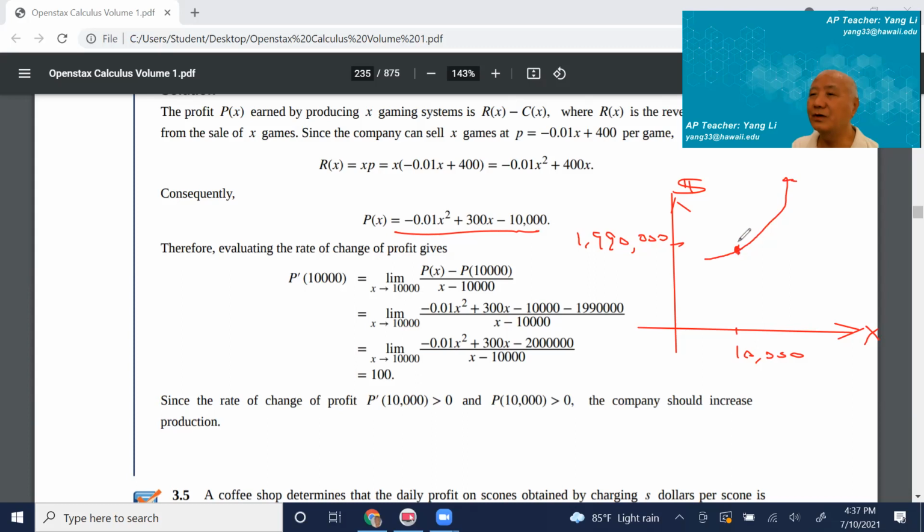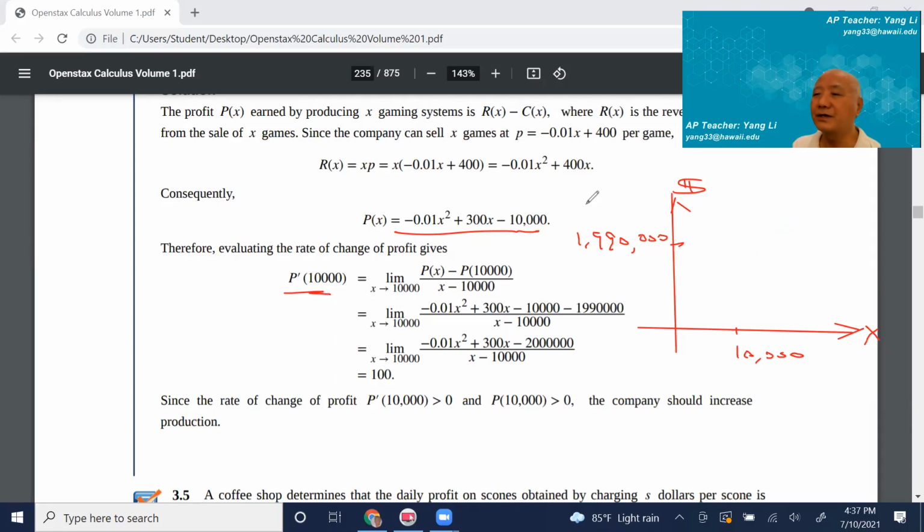At this point, because this is a parabola, this should be like this. Hold on.